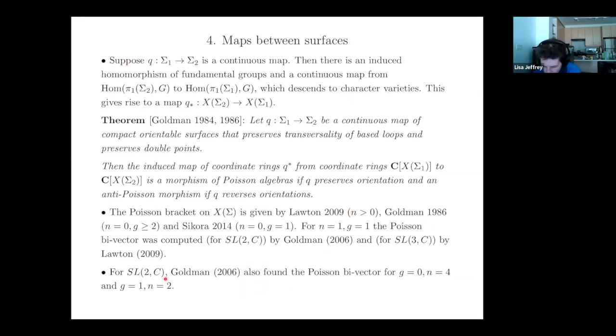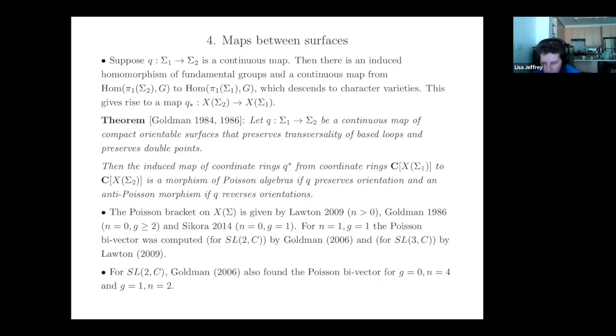For SL2C, Goldman also found the bivector for genus 0 and 4 boundary components, and also the torus, genus 1 with 2 boundary components.